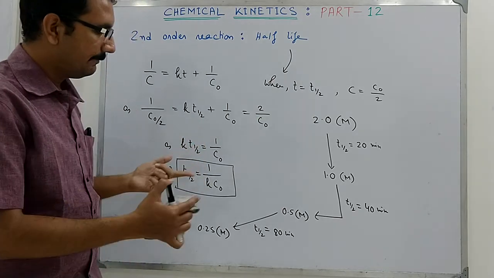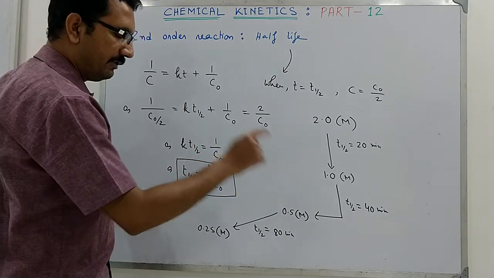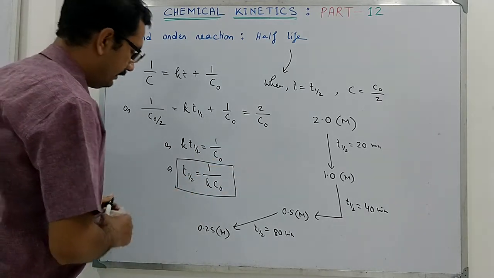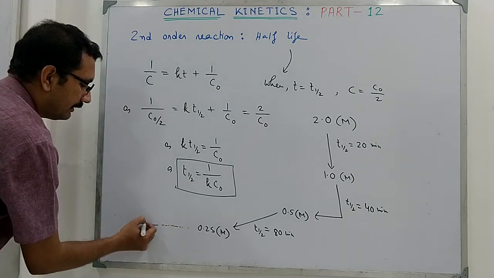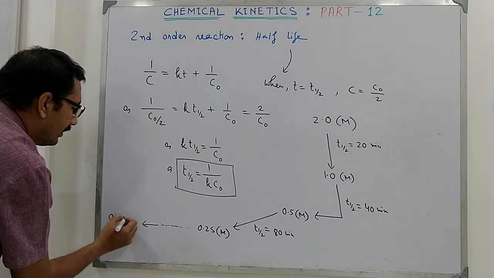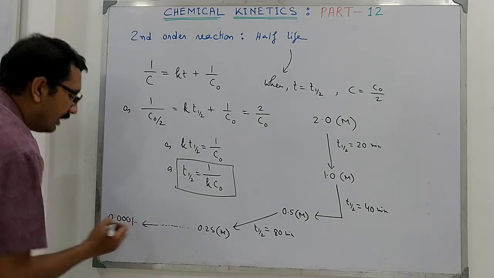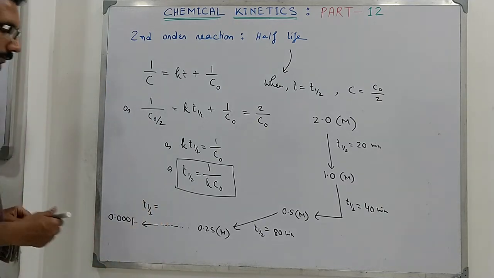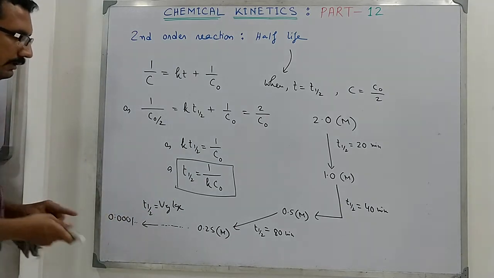So with time, the time required for 50% completion will increase. When the reaction is near completion and there is a very small amount left, say 0.0000 something, then you will have a very large t half, since it is inversely proportional.